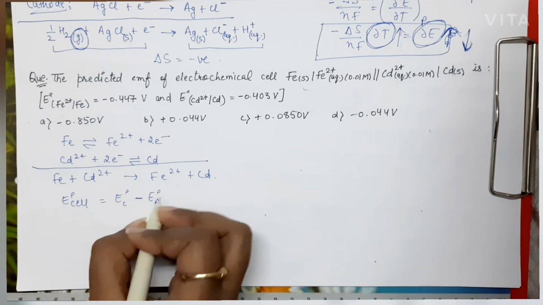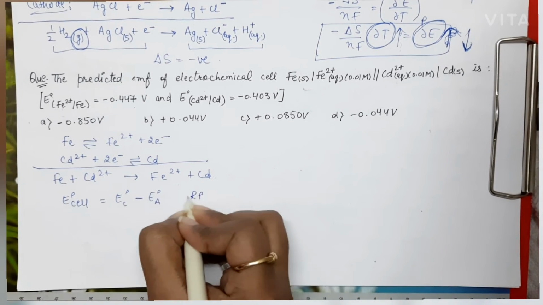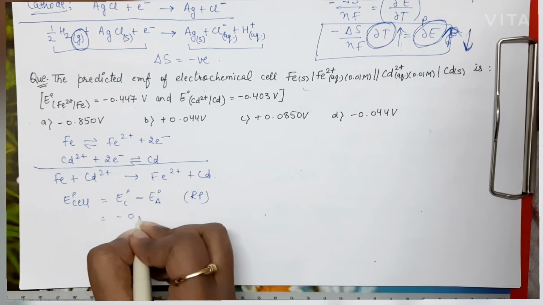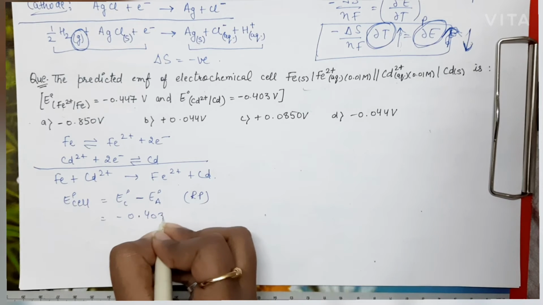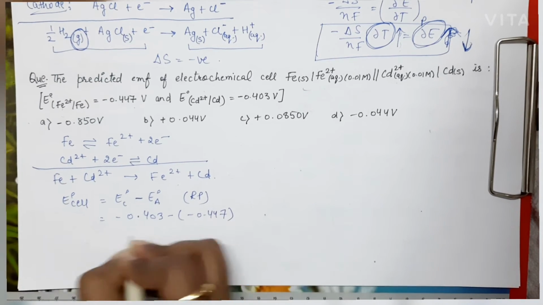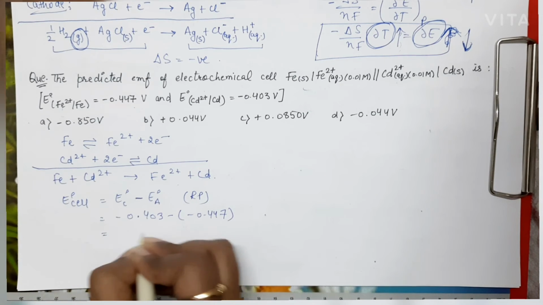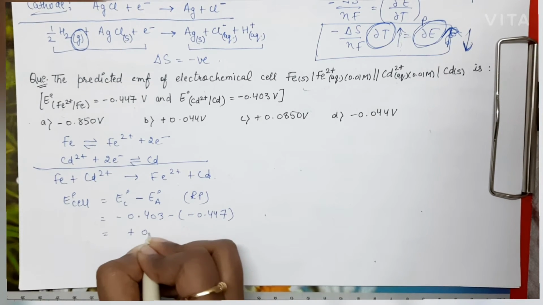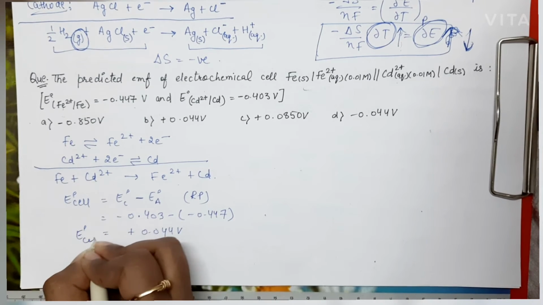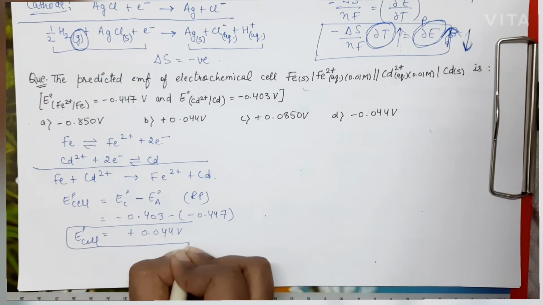This is in terms of reduction potentials. Okay, now we'll put the values. It will be minus 0.403 minus 0.447. So this will be the E naught of the cell.